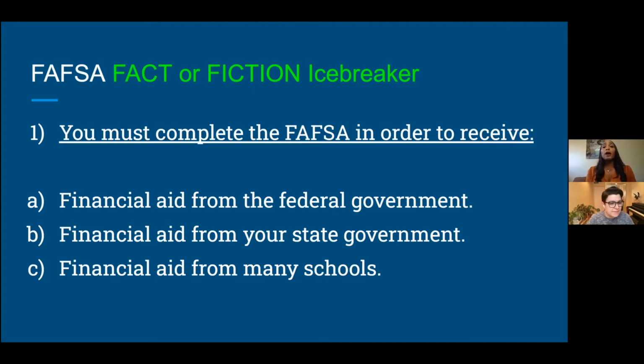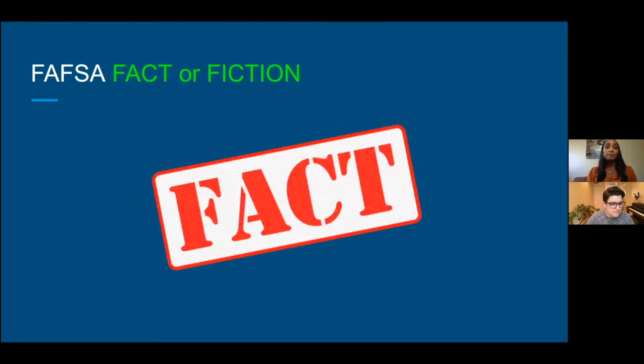Your college, the first form that your college is going to receive is the FAFSA. If they require additional information, then that's when we go into the CSS profile. And of course, you want to make sure you fill out the FAFSA. You must complete FAFSA in order to receive all of the aid that you need to go to college. Okay, so that was a fun fact.